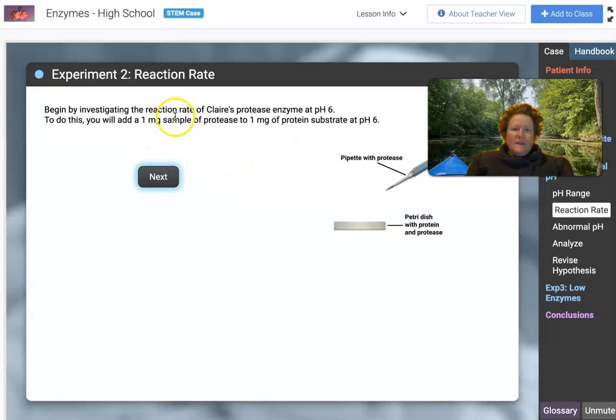Let's begin by investigating the reaction rate of Claire's protease enzyme at pH 6. To do this, you'll add 1 milligram sample of protease to 1 milligram of protein substrate at pH 6.